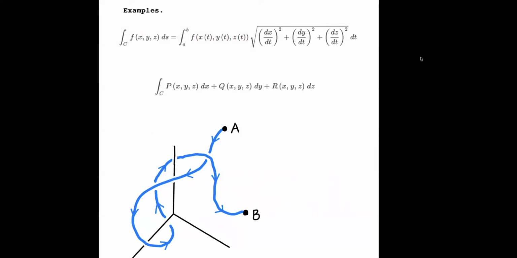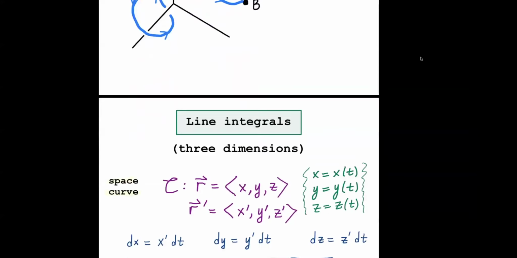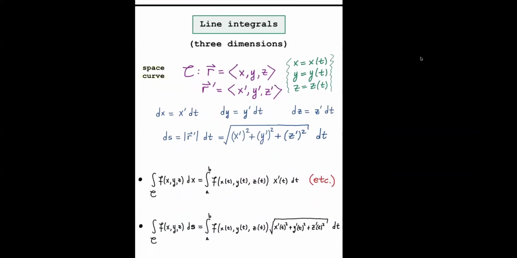As we go along, we'll also meet integrals of this form. And the way you deal with them, it's kind of similar to what we did in 2 dimensions. So all the theory just kind of works the same way.